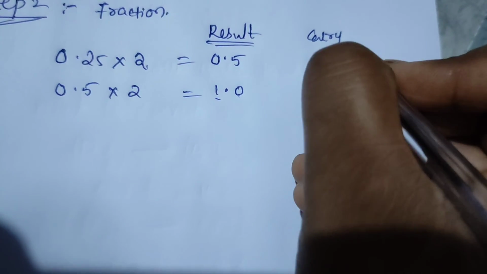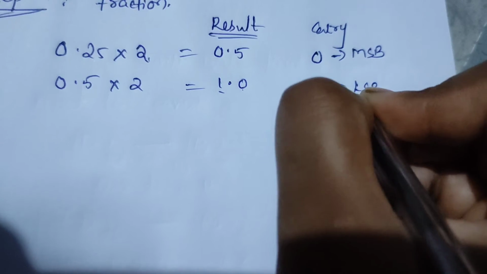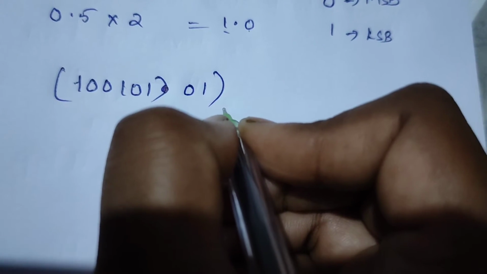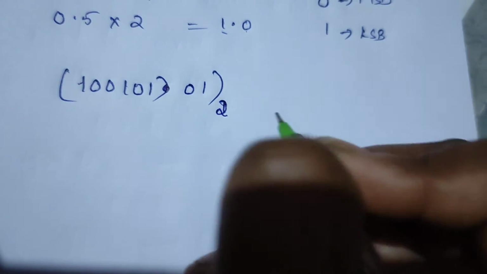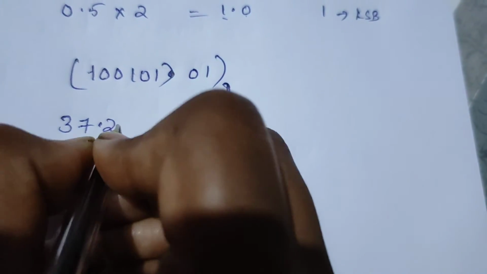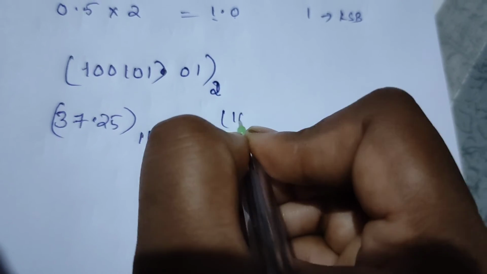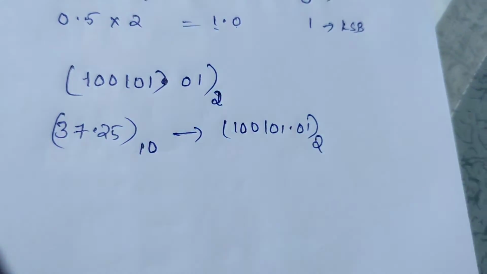Stop multiplying, there is no other value to multiply. The first obtained one is MSB and the last is LSB. This is the binary equivalent of the decimal value, which consists of integer plus fraction part, 37.25. Its binary equivalent is 100101.01.